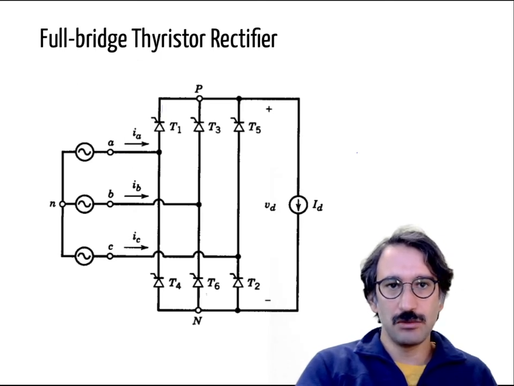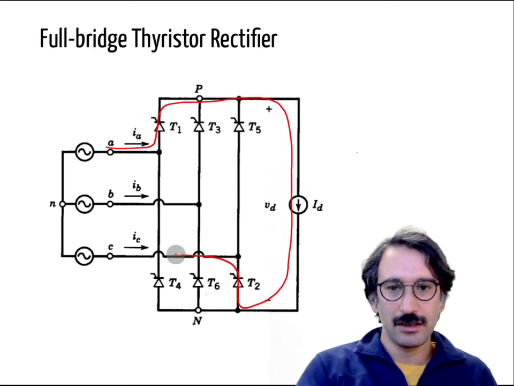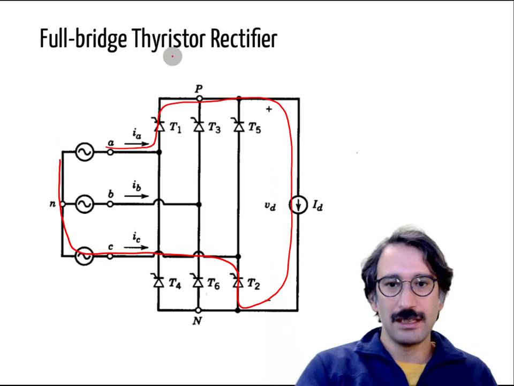So let's assume at first that T1 is conducting, at any time, and let's say now that T1 is going to turn off and T3 is going to get in.